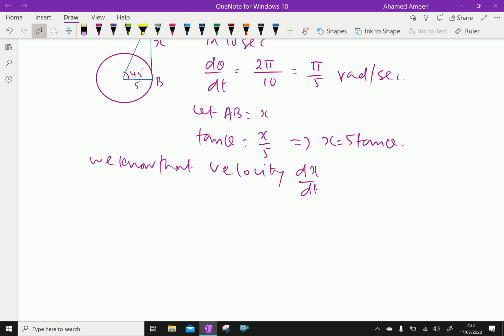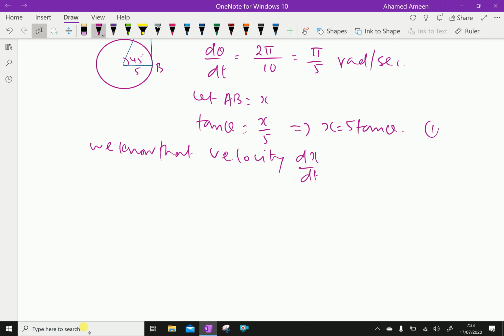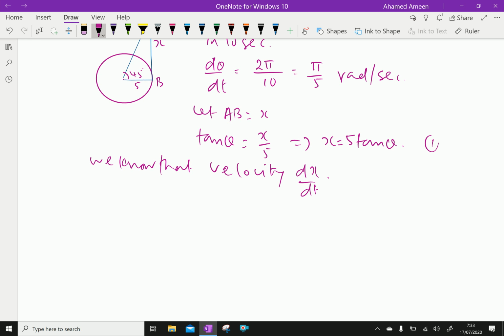Here we are differentiating x with respect to time, that is velocity, dx by dt.